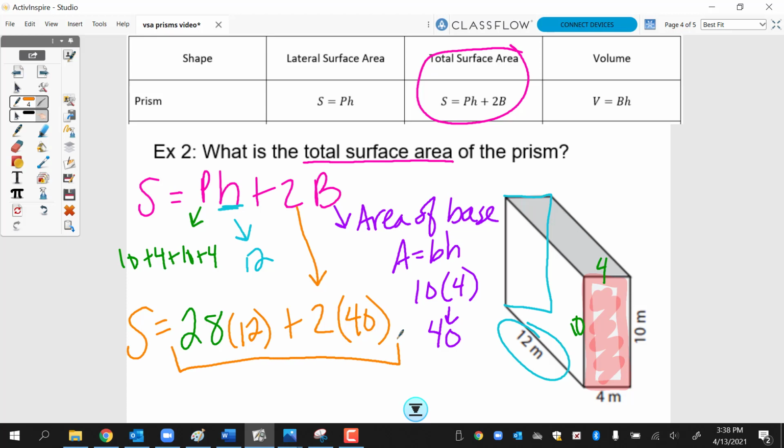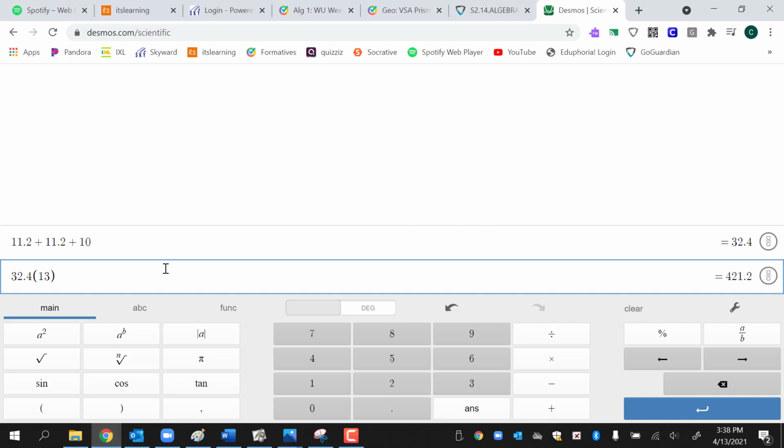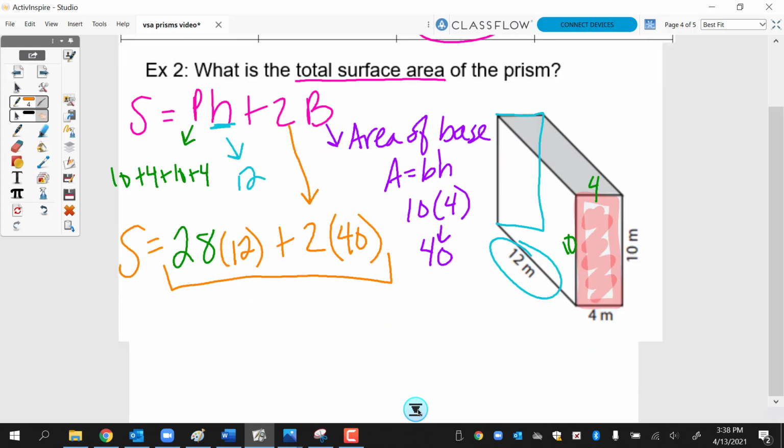I gotta type all of this in Desmos at once. Let's see what we get. Can I remember all these numbers? Here we go. So 28 times 12 plus 2 times 40, and I got 416. So my total surface area is 416.